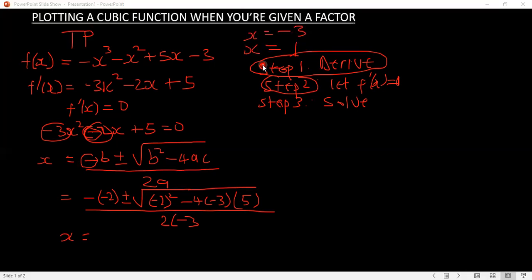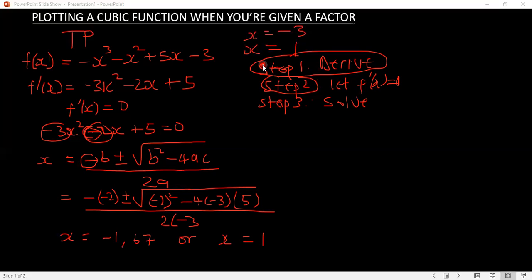So my first x value is negative 1.667 or minus 10, or x is equal to positive 1.